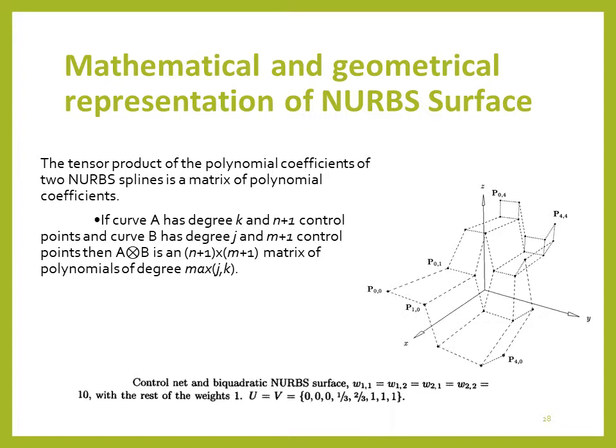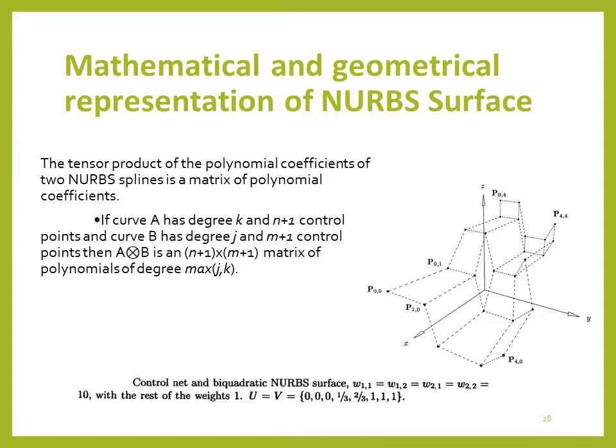Imagine if I'm given a curve A that has a degree k and n plus 1 control points, and a curve B with degree j and m plus 1 control points. Then my NURBS surface, the surface of those two curves, would be the tensor product of A and B. And the matrix that would be formed would be of degree maximum of j or k.